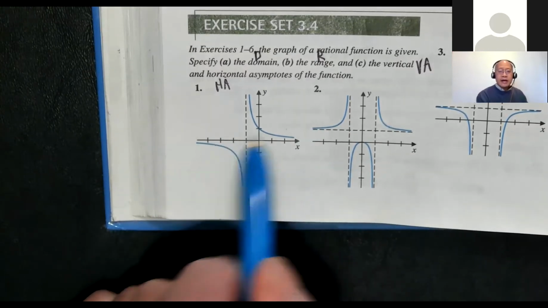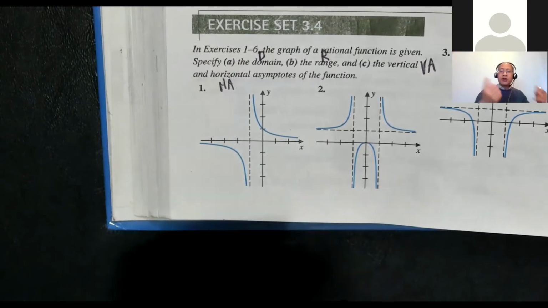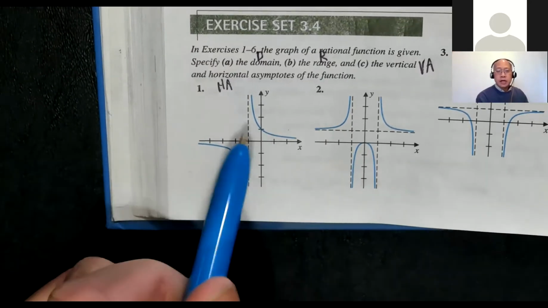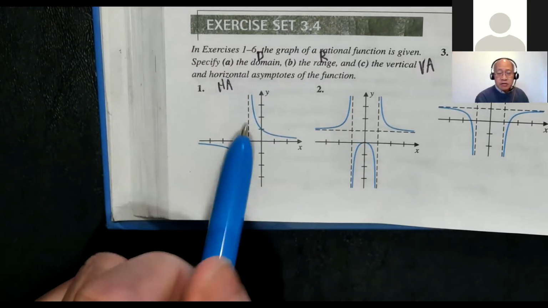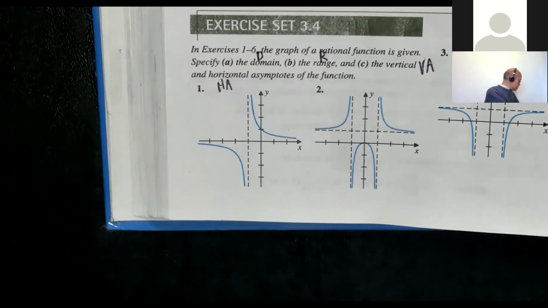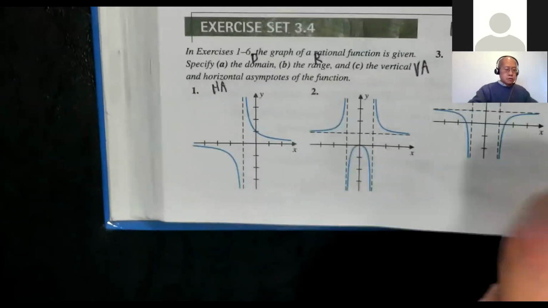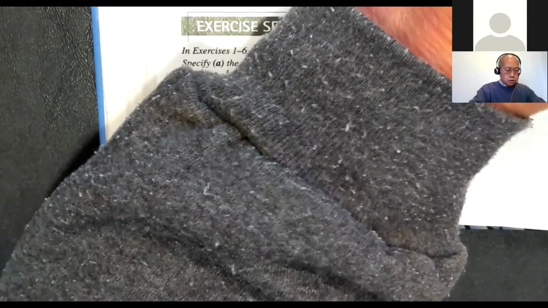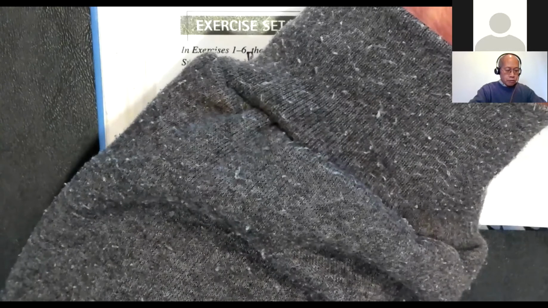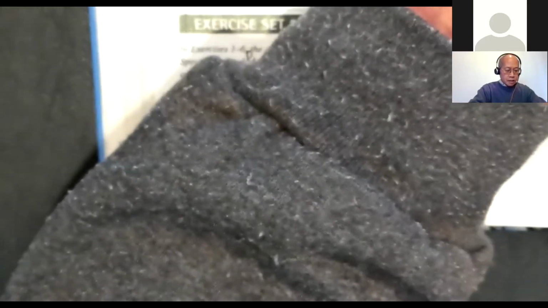So number 1, domain and range. It looks like X can go as far to the left and to the right as you wish, but X is not allowed to be -1. So for number 1, the domain is the set of all real numbers minus the set consisting of -1.